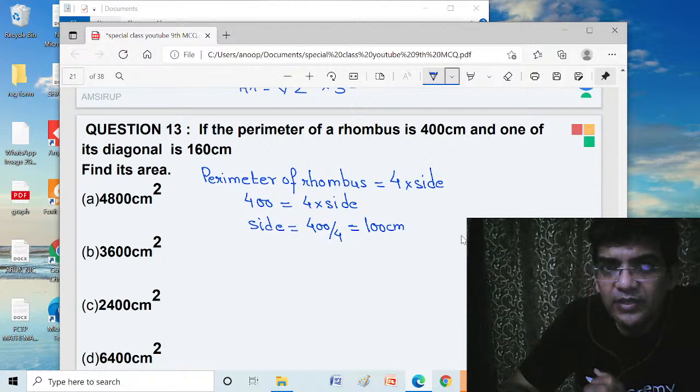So I'm going to apply Heron's formula. This is Heron's formula to calculate the area of the triangle, right? Now in this I will be substituting the values.